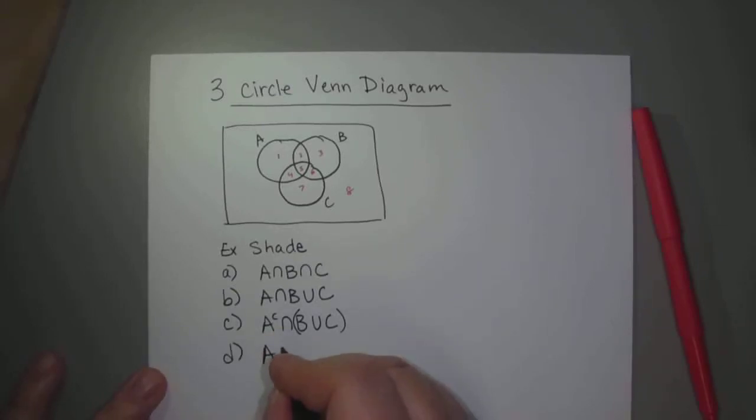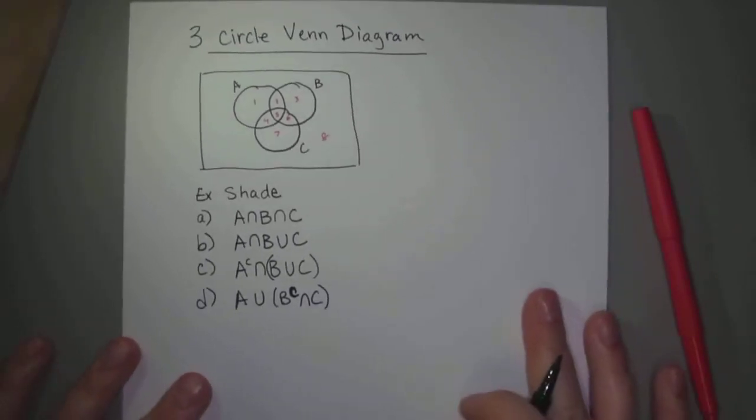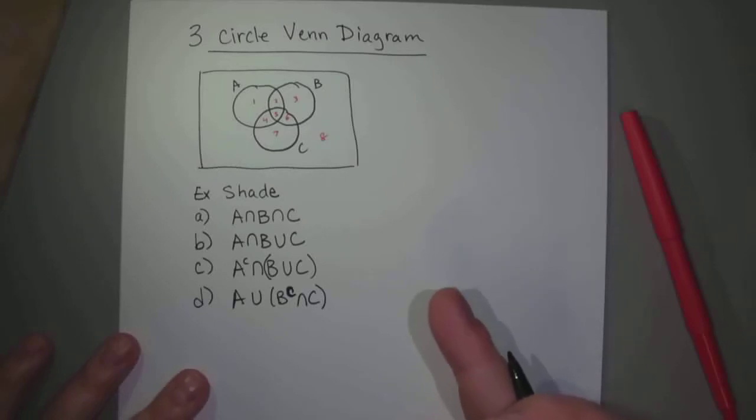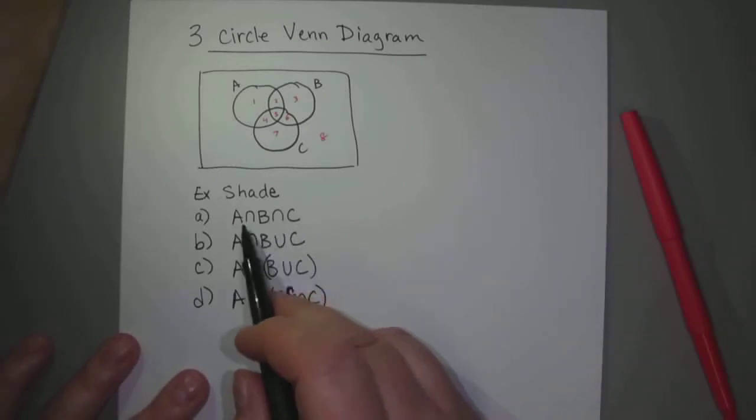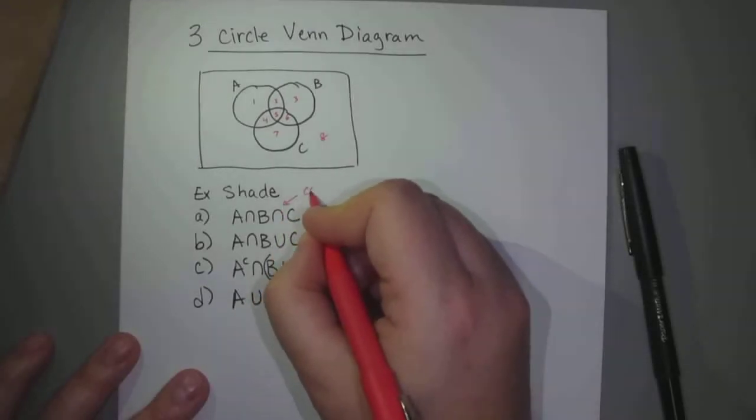A union B intersection, B complement intersection C. Okay, we'll do these. Now, anytime there's intersections, you are comparing. So, compare.